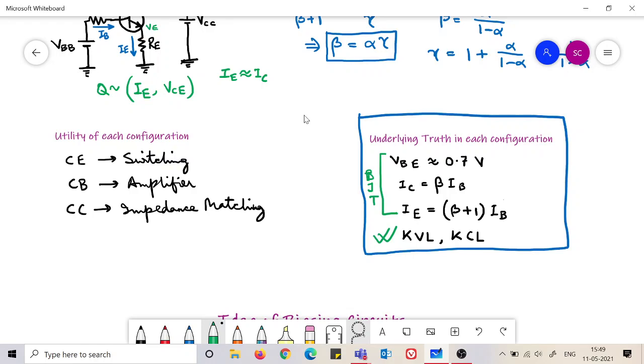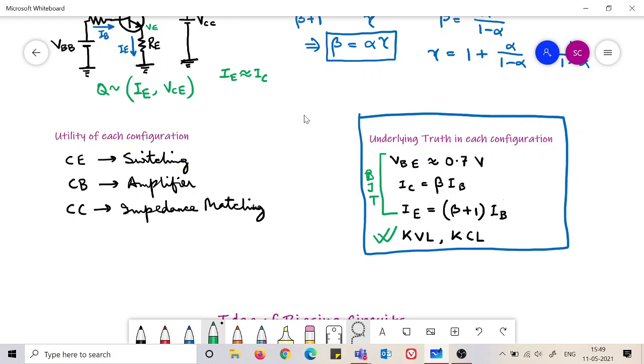In common base, the Q point is very stable, as we noticed. So when the Q point is stable, we can keep the transistor in an active mode of operation. In the active region, the work of the transistor is to amplify an input signal.